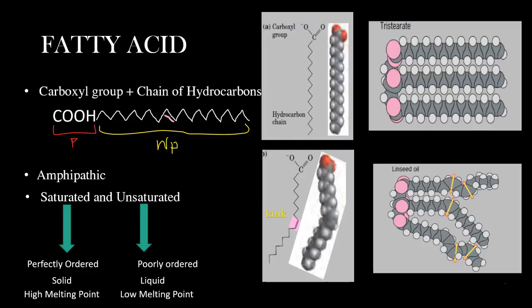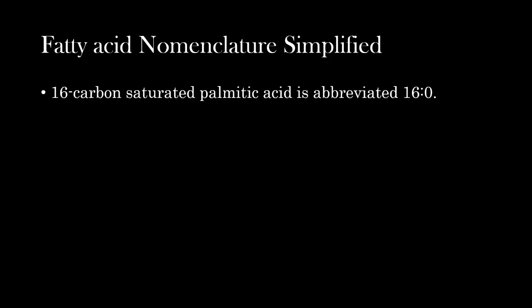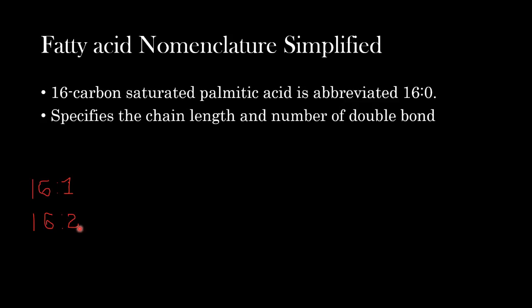So that's it about the fatty acid. Next is fatty acid nomenclature. Fatty acids are sometimes abbreviated with numbers such as 16:0, 16:1, 16:2. So what does this specify? This specifies the chain length and the number of double bonds. The 16 specifies the chain length, how many carbons are present.